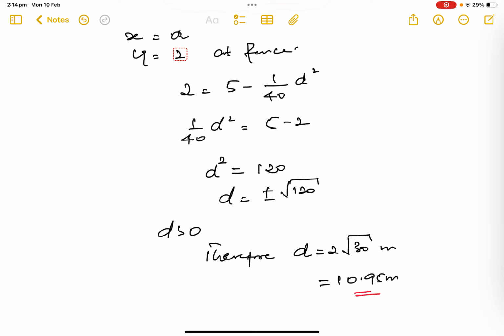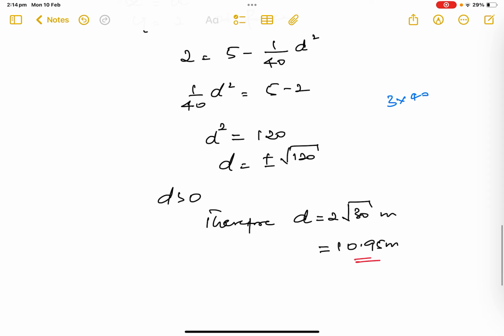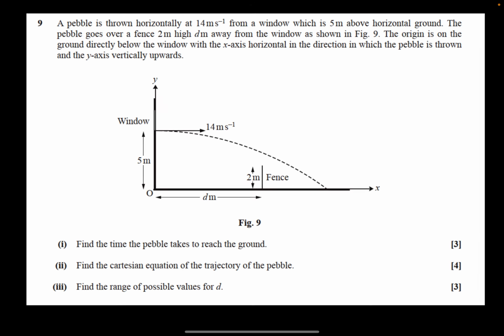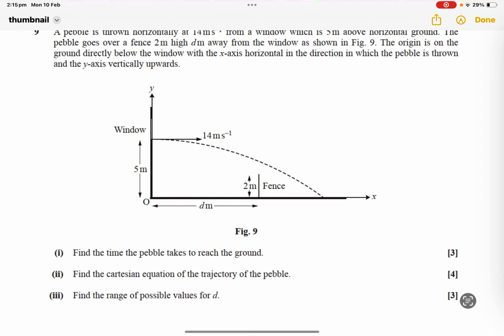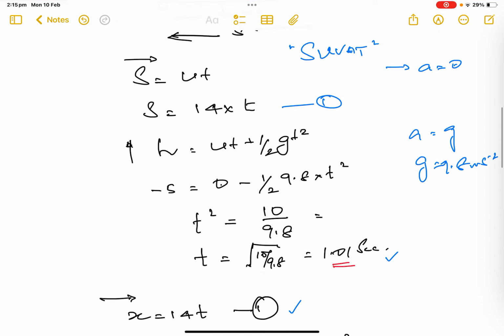From that, 1 over 40 d squared equals 5 minus 2, which is 3. Then 3 times 40 is 120. So d squared equals 120, and d is the square root of 120. There's no minus here, because it's only in the positive direction. This can be written as 4 times 30.